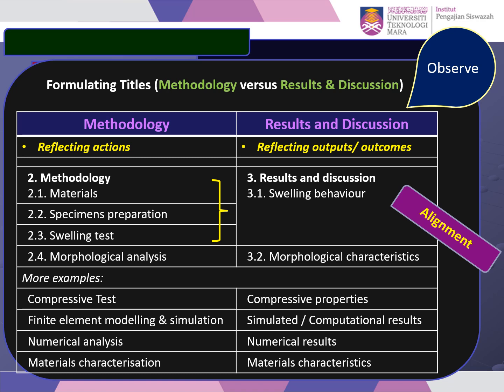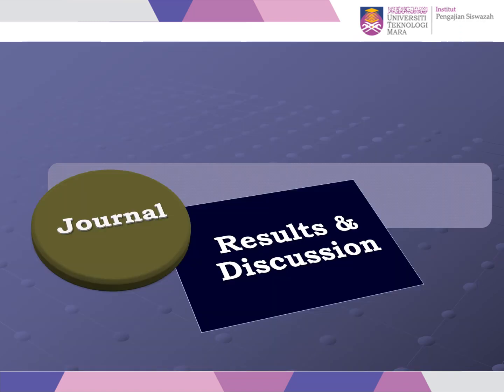For numerical analysis, it can be suggested that you put the topic as numerical results, or you can put the results from numerical analysis. And also material characterization in the methodology refers to the action, and the results here are material behavior or material characteristics. So by doing this, you can align the titles of the methodology and the results.